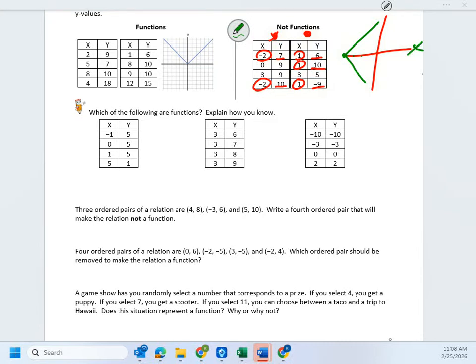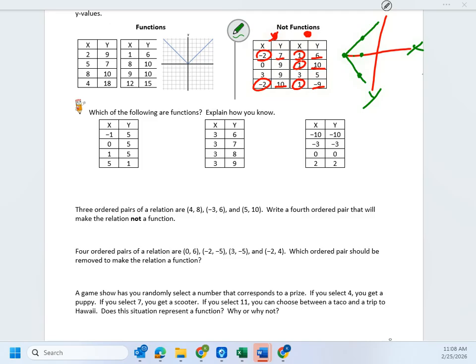This is my x-axis. If I look at this x, how many y's are with it? Is there just one y for that x? This is my y-axis. So if I'm right here, I've got a y up here, and I've got a y down here. That one x cannot have two y's.